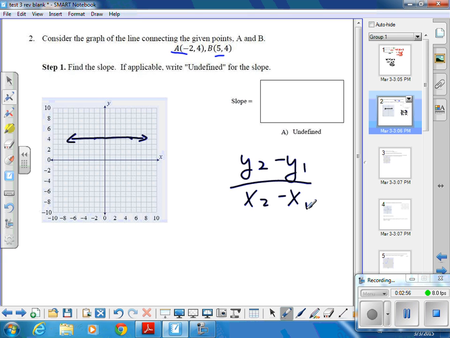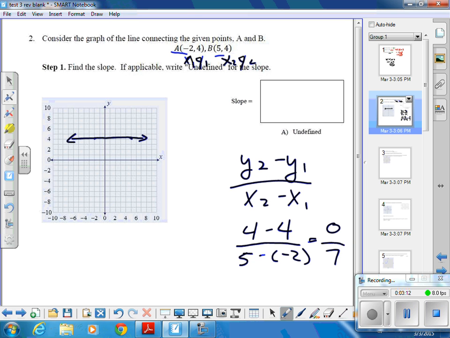If you label these x1, y1, x2, y2, then you have 4 minus 4 all over 5 minus -2. So that ends up giving you 0 over 7. That becomes a plus. So the answer here is 0. A 0 slope. And also horizontal lines all have 0 slopes.